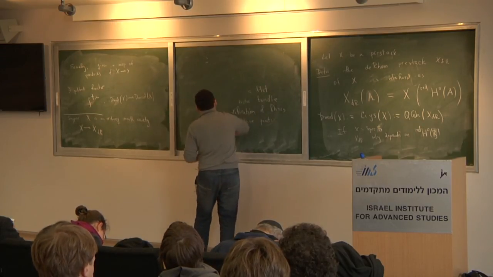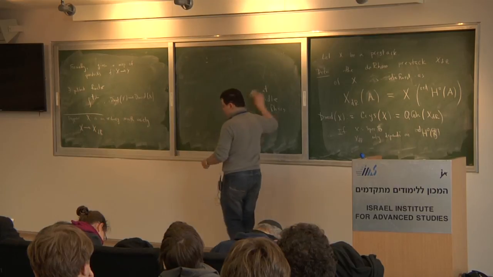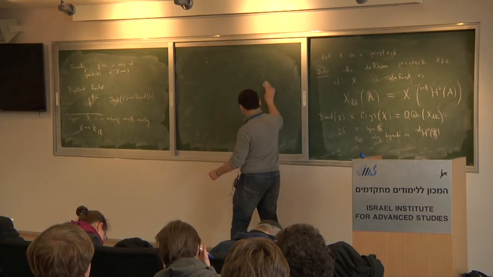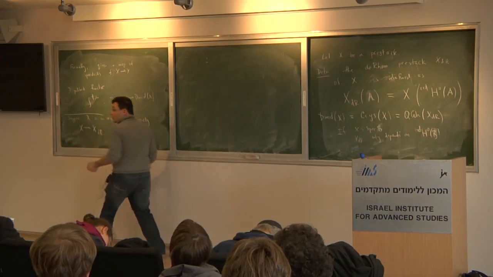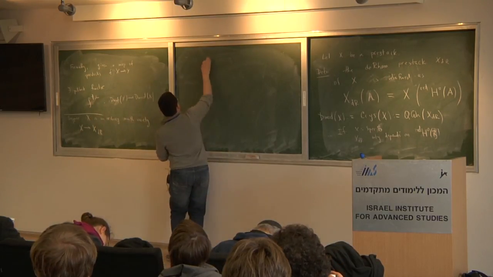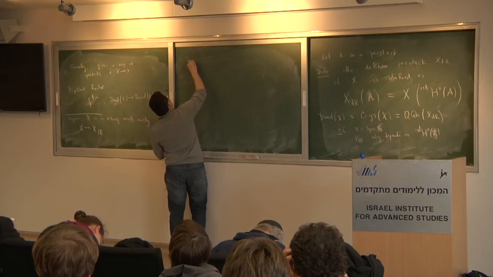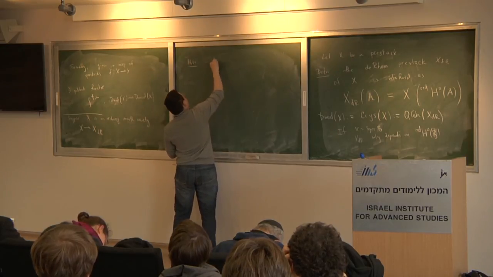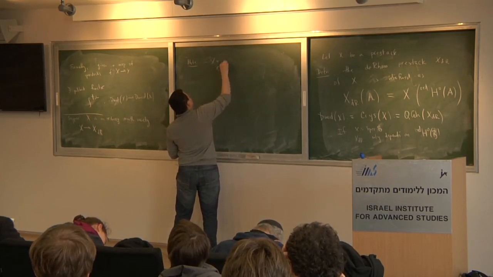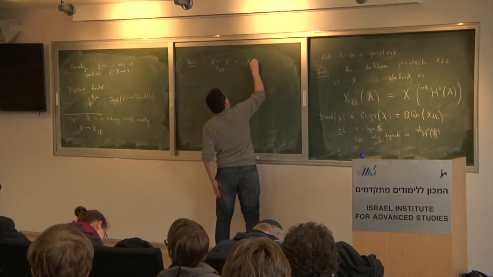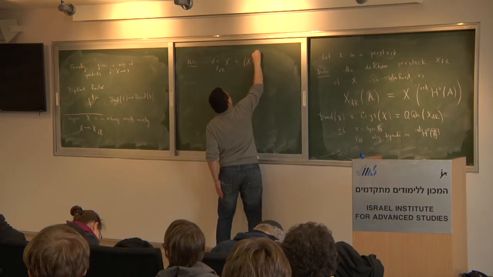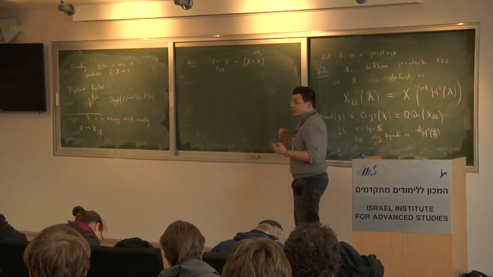So the way to do that is to take what's called the Čech nerve of this map. In other words, form the simplicial scheme, which is iterated fiber products. So let's see what the fiber product is. If we take the fiber product of X with itself over X_dR, I claim this is going to be the formal completion of the square of X along the diagonal.